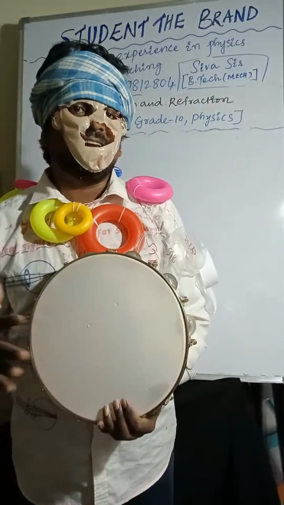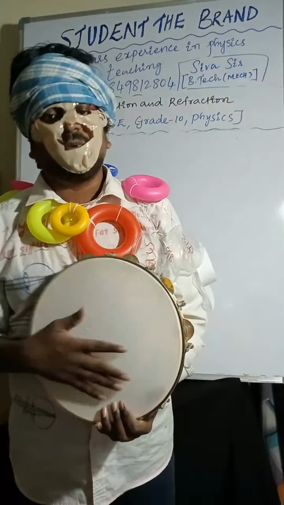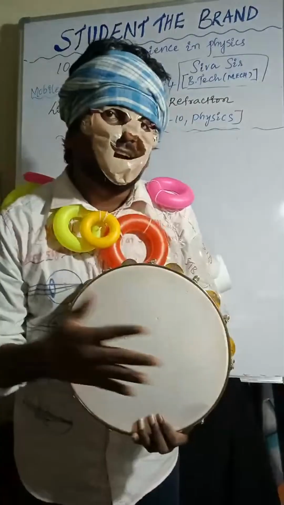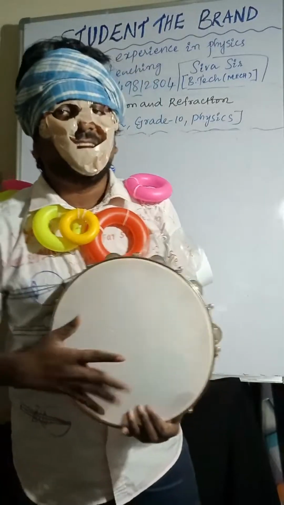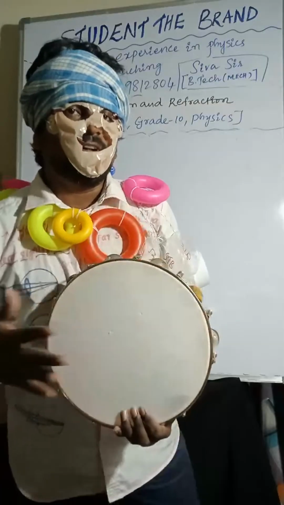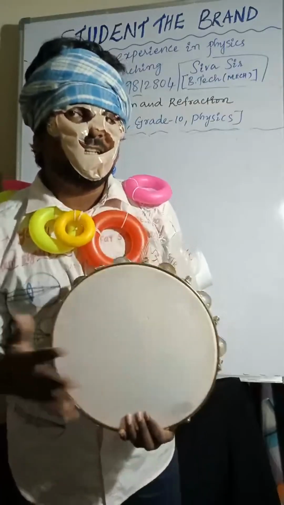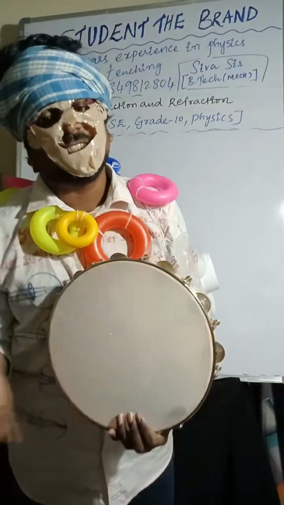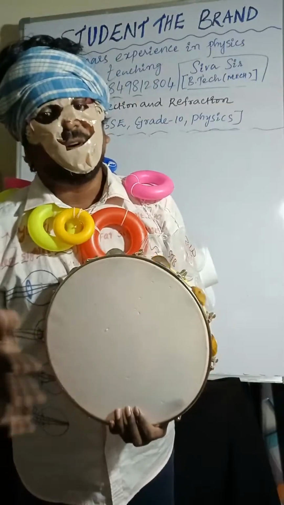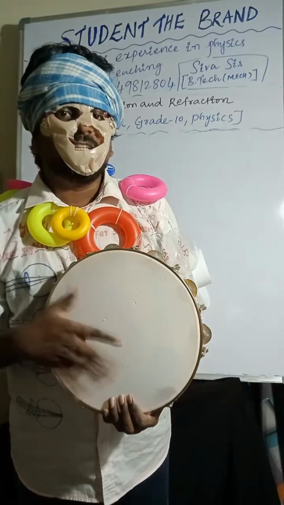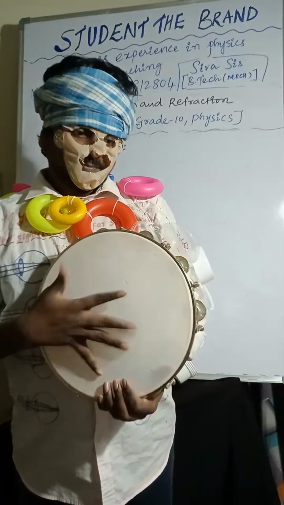Distance are negative, below the principal axis. New Cartesian sign convention, Cartesian sign convention. All distance measure from the distance positive along principal axis. Distance are negative below the principal axis.